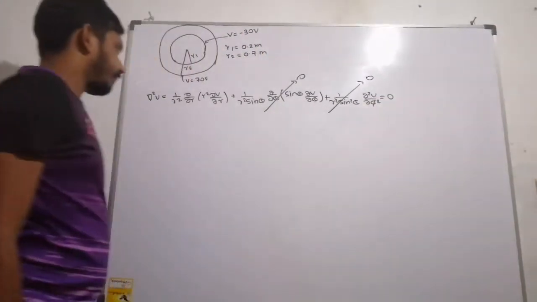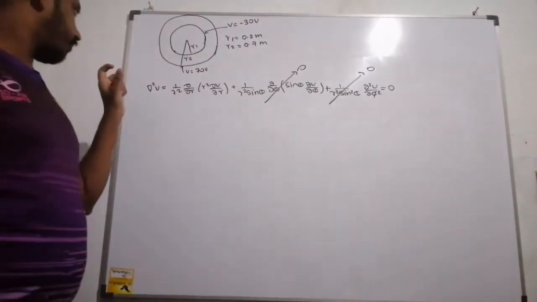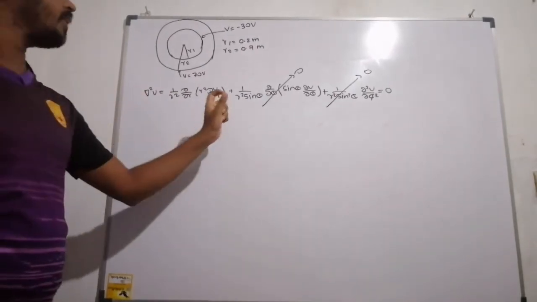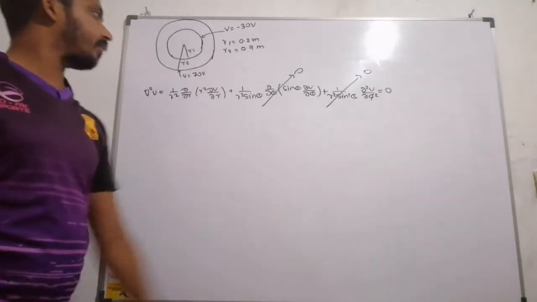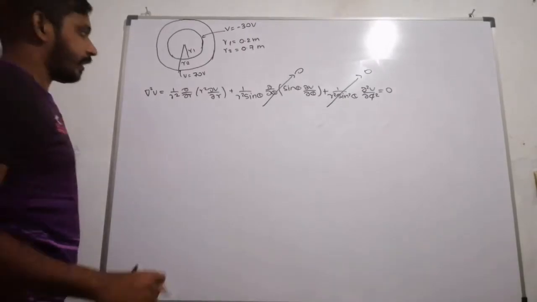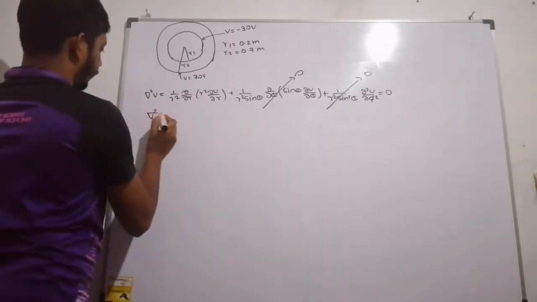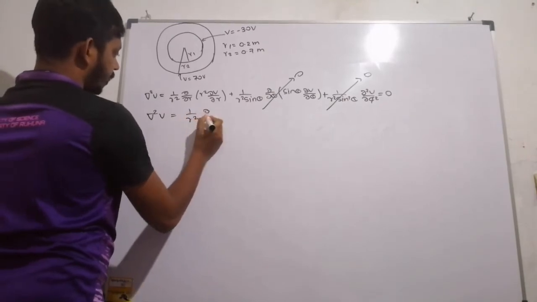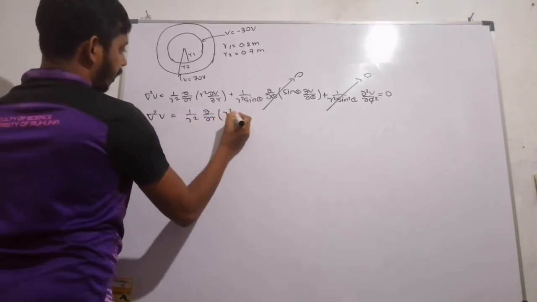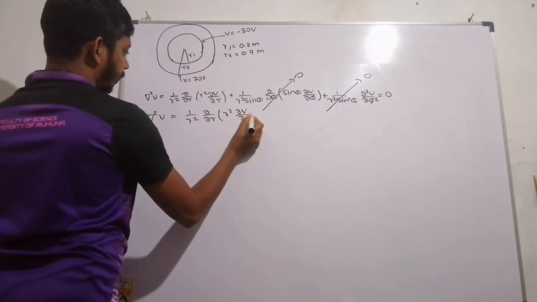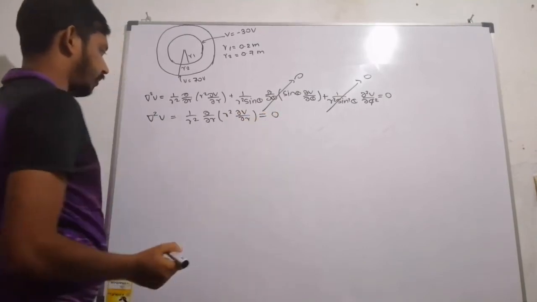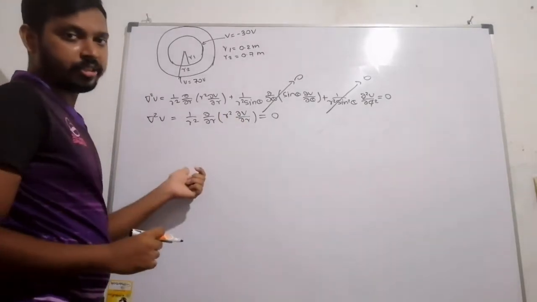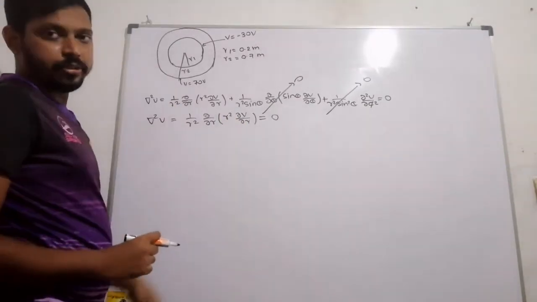Then we have grad square V equals 1 over R square times partial over partial R of R square partial V over partial R, which should be equal to 0. This is the reduced Laplace equation for these two spherical shells.